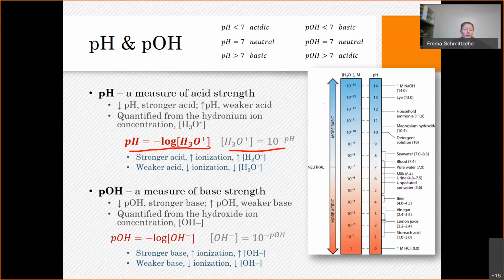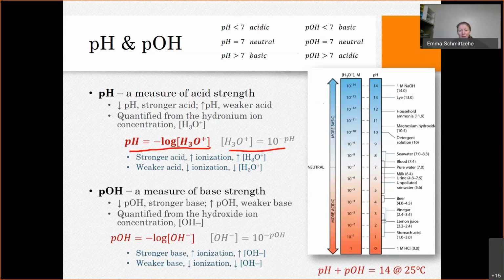And so if you have a stronger acid, remember, it ionizes more, gives you more hydronium, a lower pH. If you have a stronger base, you also get more ionization, but in that case, you would get more OH-, thus a lower pOH. Okay. Now these two things are tied together. So this is why sometimes people will use the pH and pOH scale, because they're directly related to one another.